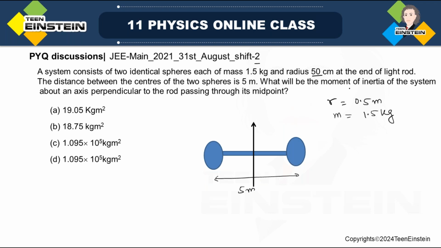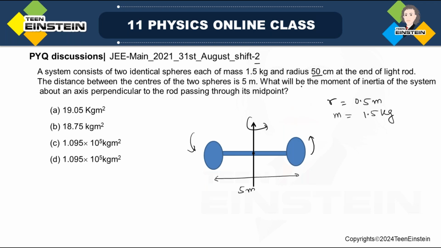What will be the moment of inertia of the system about an axis perpendicular to the rod passing through its midpoint? Through this midpoint, if I pass an axis, this whole system may rotate.